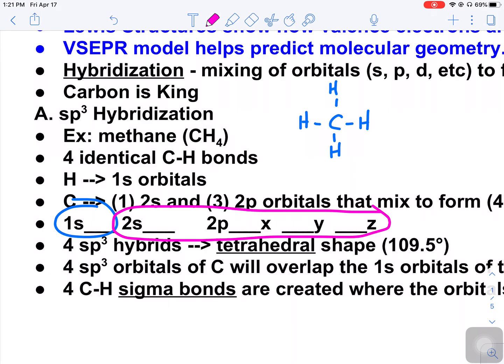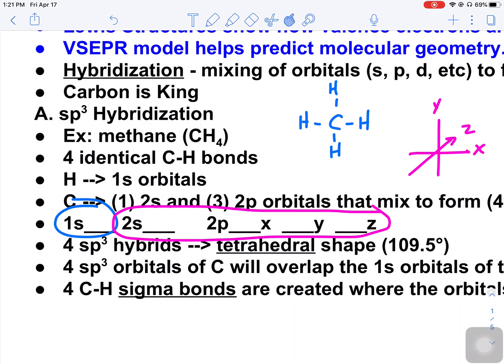You'll notice that I labeled these 3 p orbitals x, y, and z. Those are just your different orientations. X is normally this way, y is normally up and down, and z would be your going into the page axis. So we've got these 3 orbitals, x, y, and z.